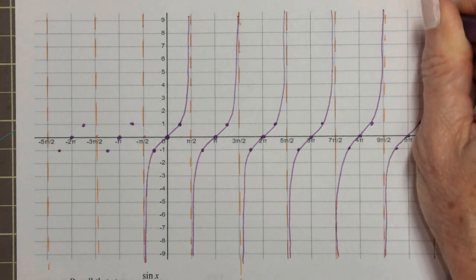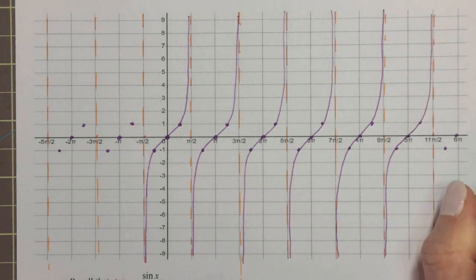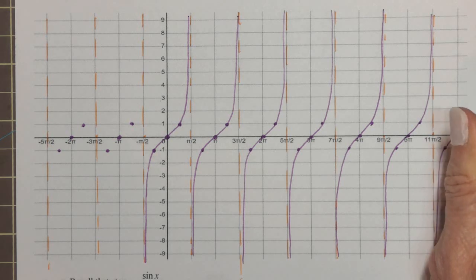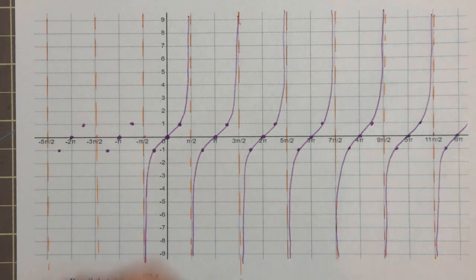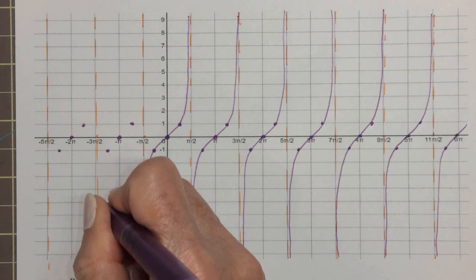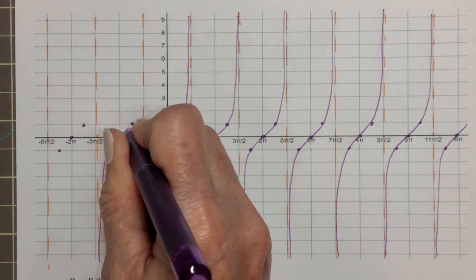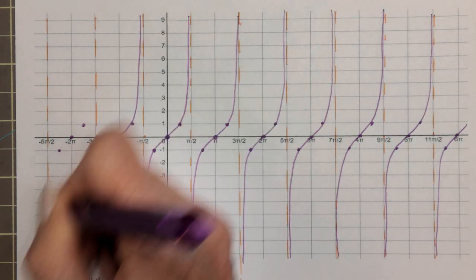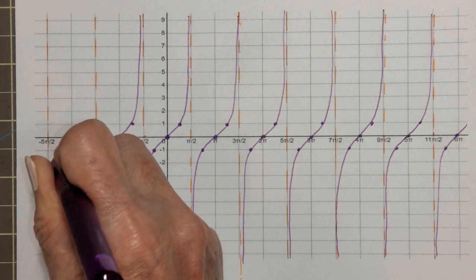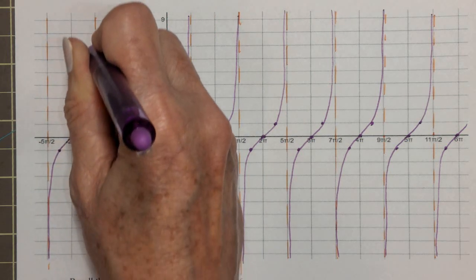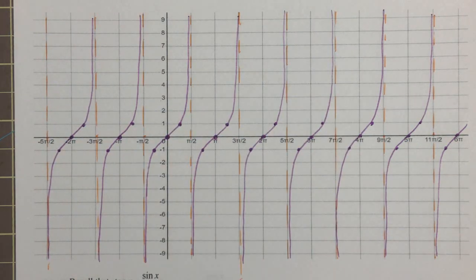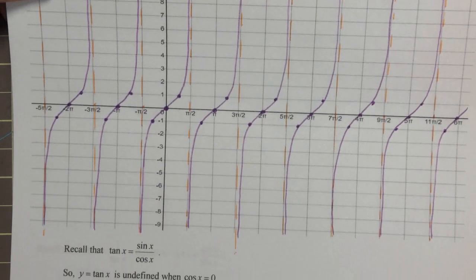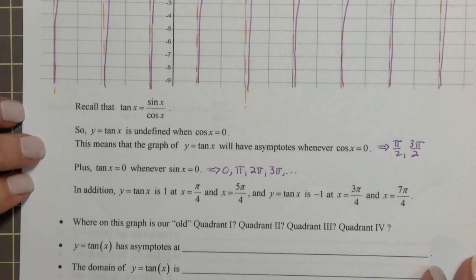This is a very noisy pen. Keeps on going in both directions. Alrighty, so there's tangent. Very different from sine and cosine. It's not a wave. Sine and cosine are waves.